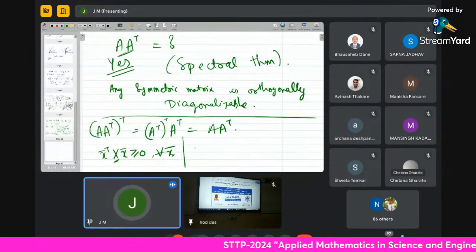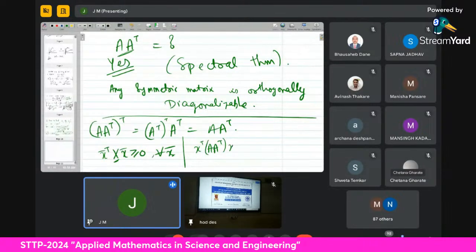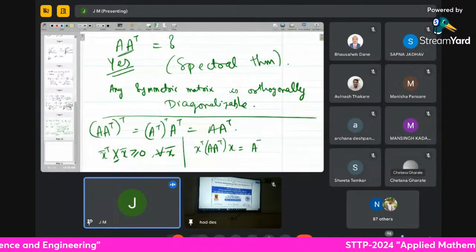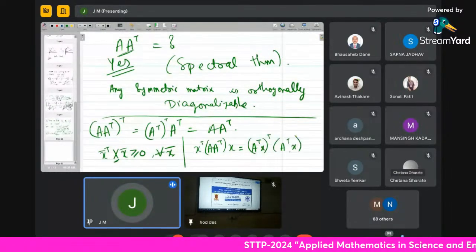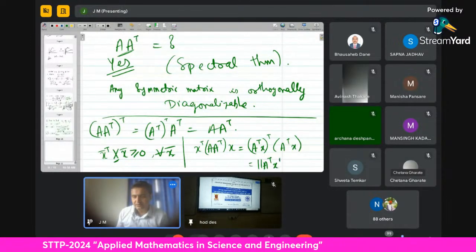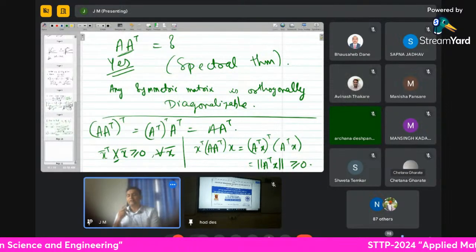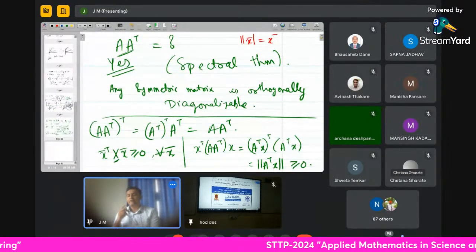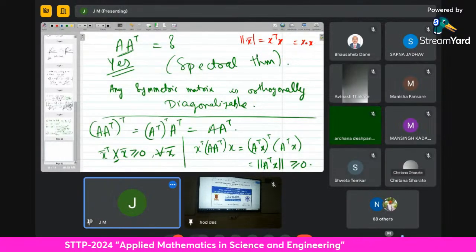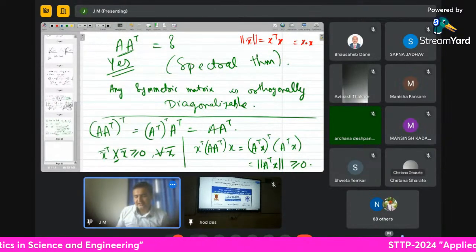In this case the answer is true, because X transpose A transpose A X is the dot product of A X with itself, which is the norm squared of A X, which is always greater than or equal to 0 by the property of the norm.